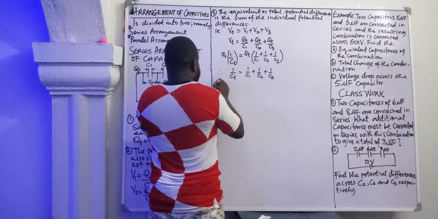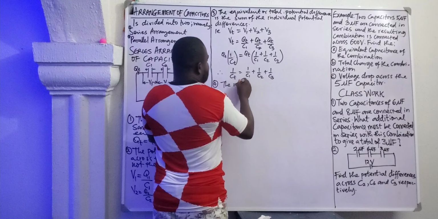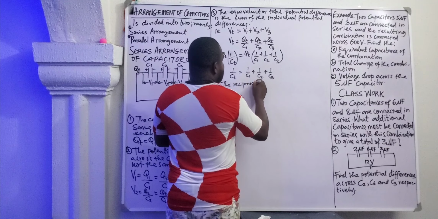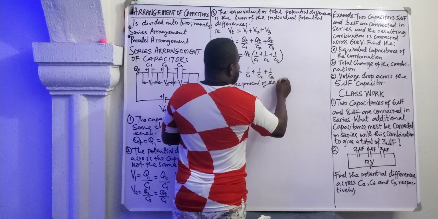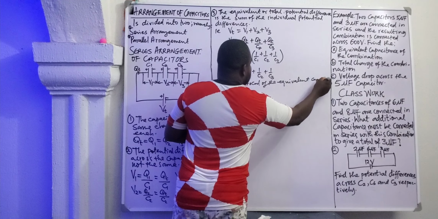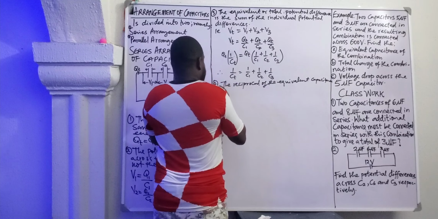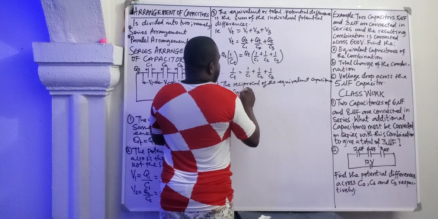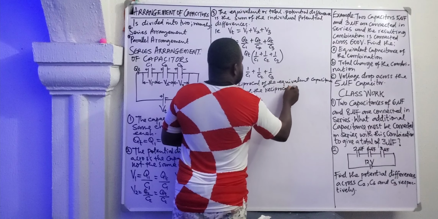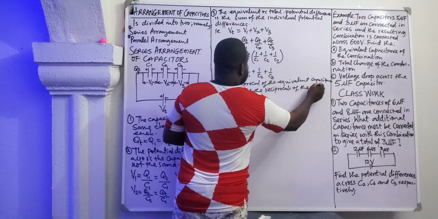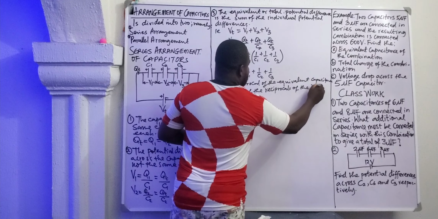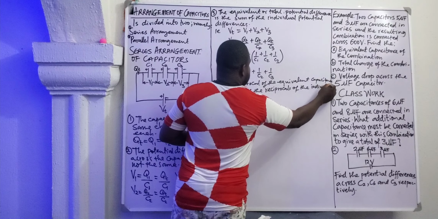Now, the fourth point here is saying that the reciprocal of the equivalent capacitance, that is 1 over Ct, is the sum of the reciprocals of the individual capacitances.